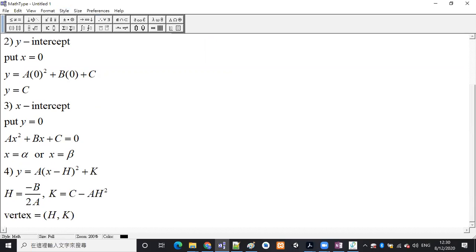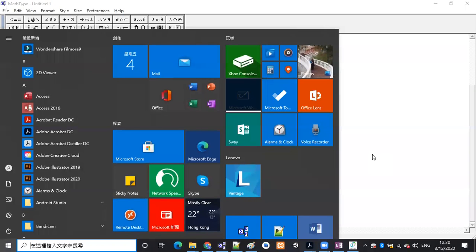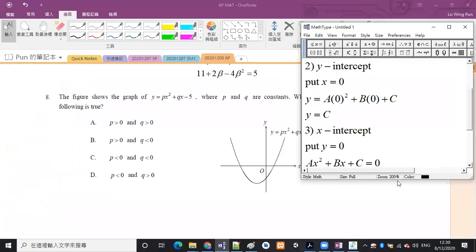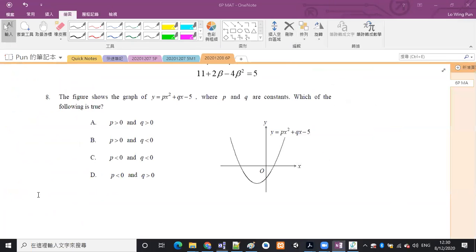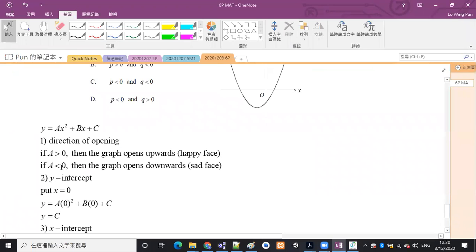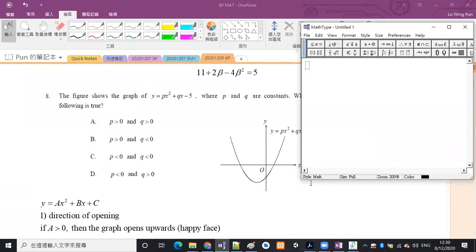Okay, that is the maximum point or minimum point coordinates. Alright, basically these 4 things are enough to do all questions of this kind. Okay, now I've copied this question over first. This is revision. This question: y is equal to px squared plus qx minus 5. So the a in the formula is p, right?